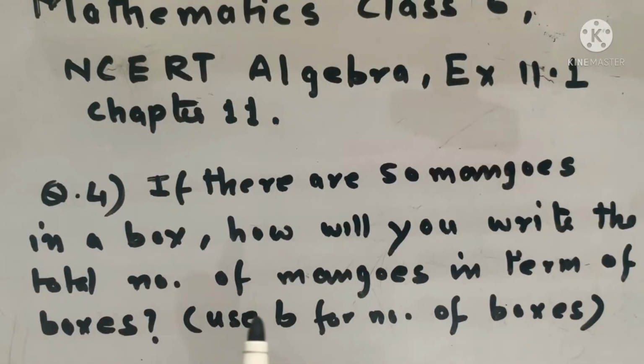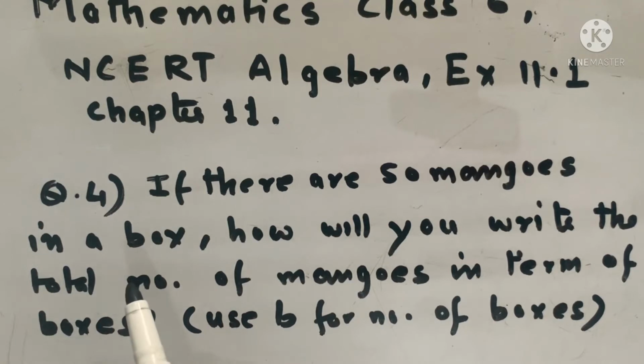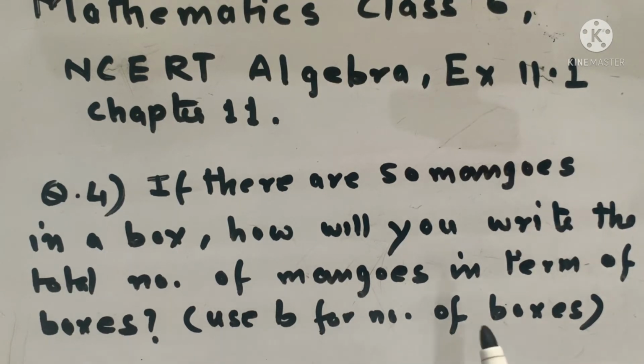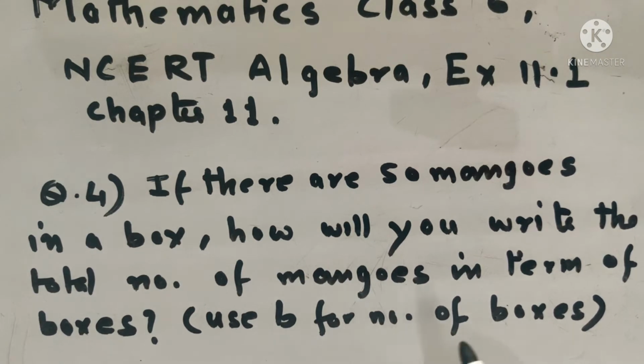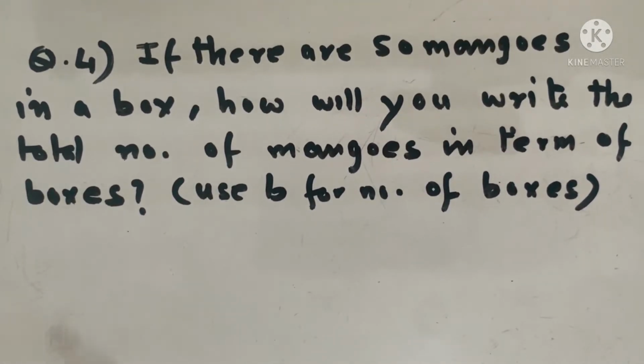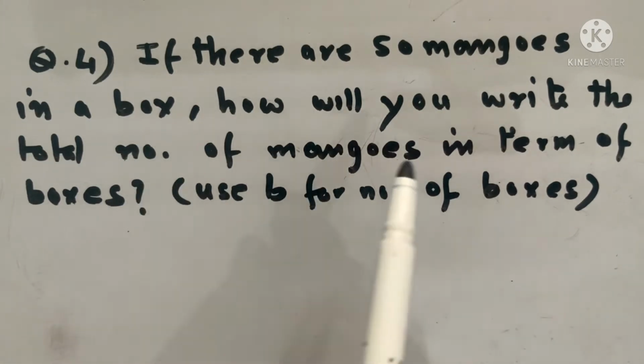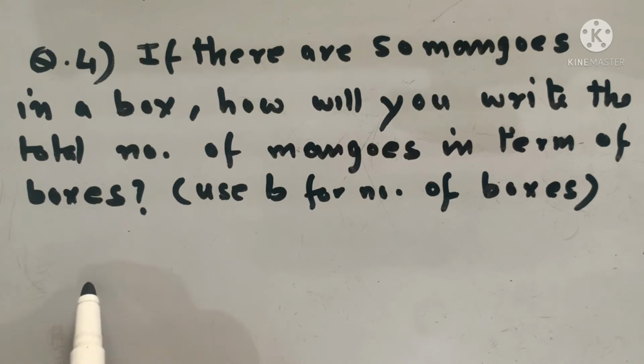Friends, question number 4 is given. If there are 50 mangoes in a box, how will you write the total number of mangoes in terms of boxes? Use B for the number of boxes. Solution. It is given that there are 50 mangoes in one box.